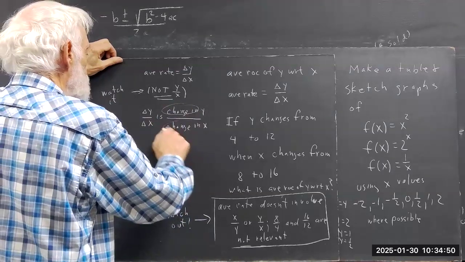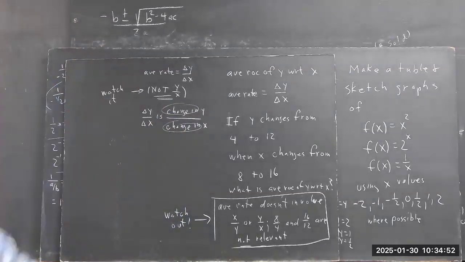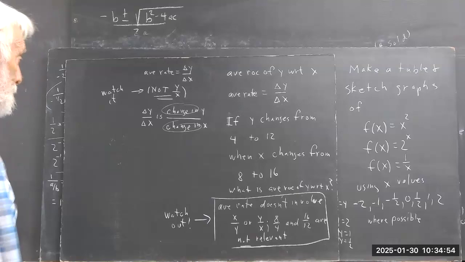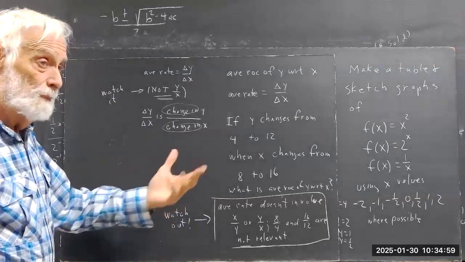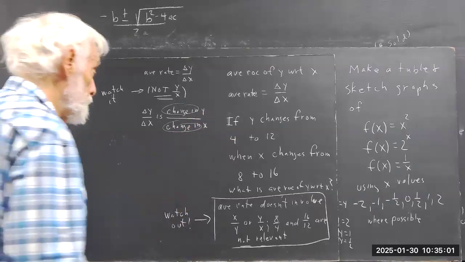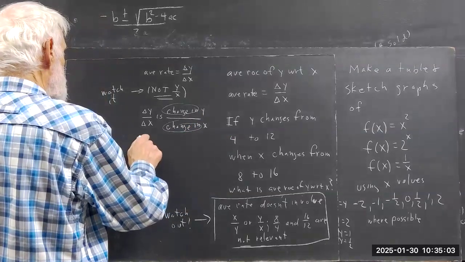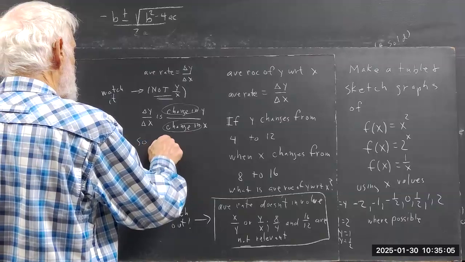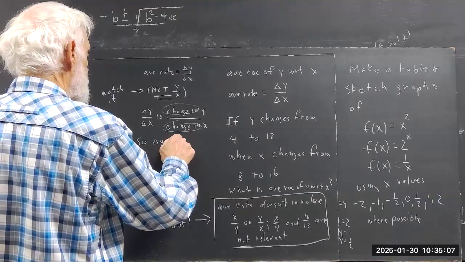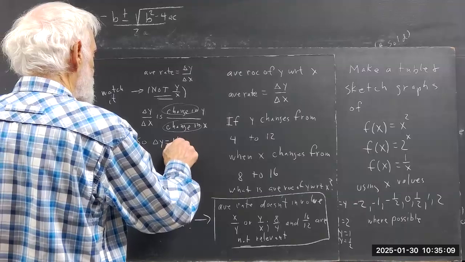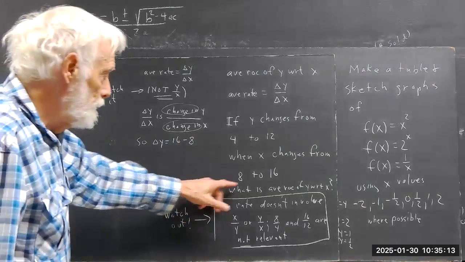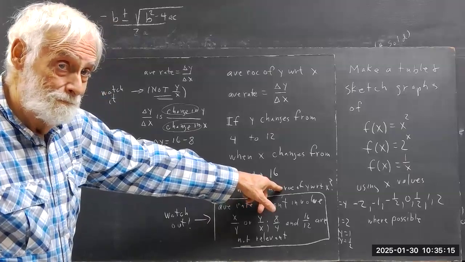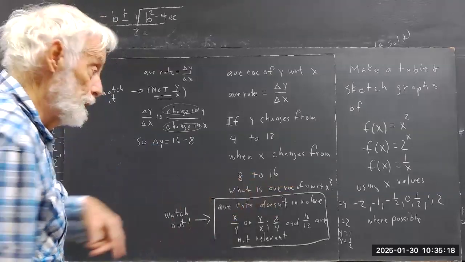In other words, change in, because you can't ignore it. And if you get that, then it becomes pretty easy to do, given this information. Well, the change in y is going to be 16 minus 8. You change from 8 to 16, then you change to 16 minus 8.